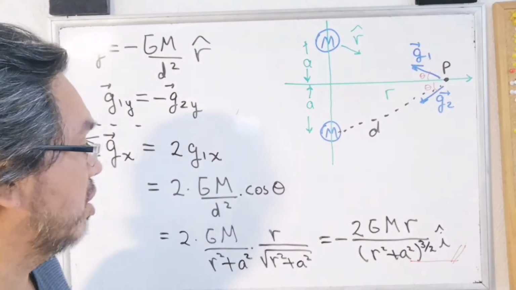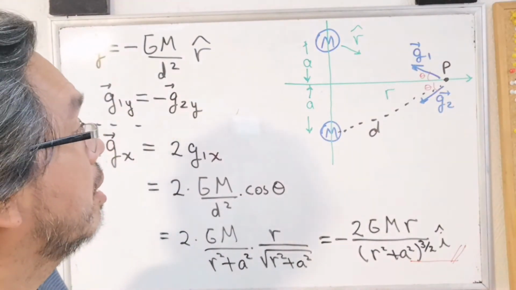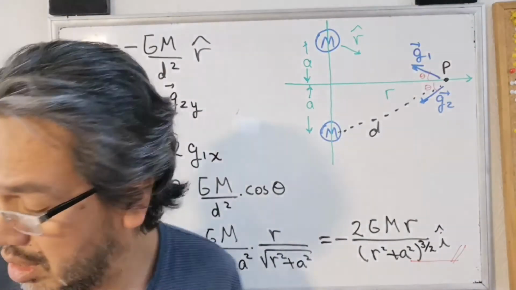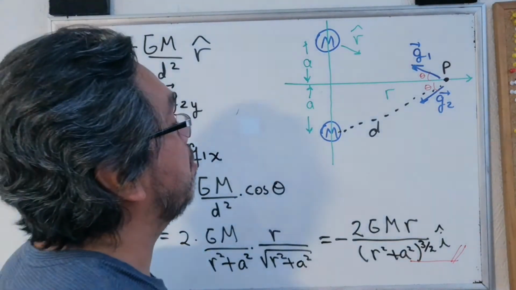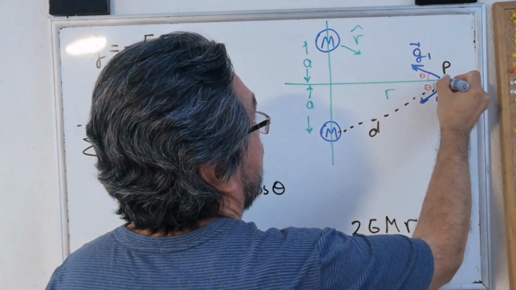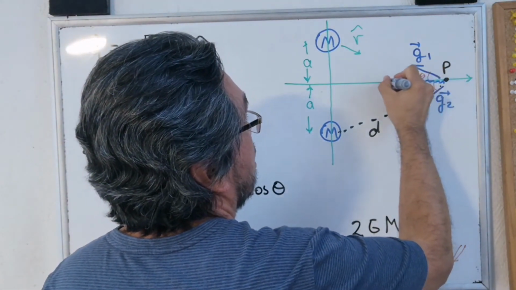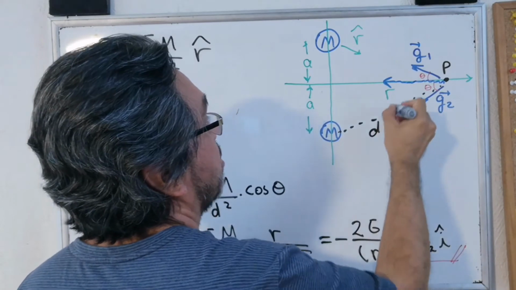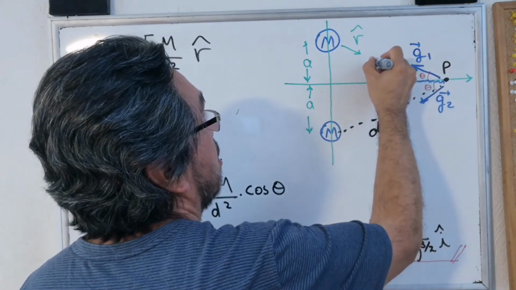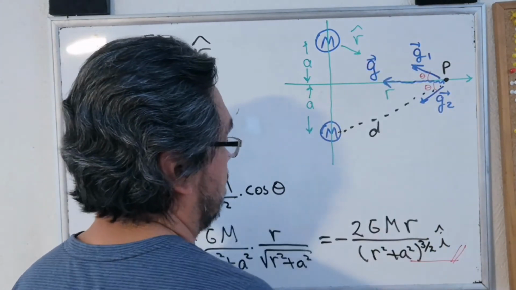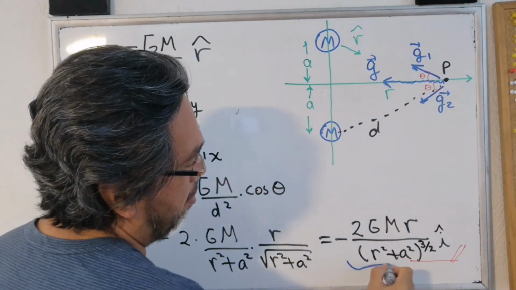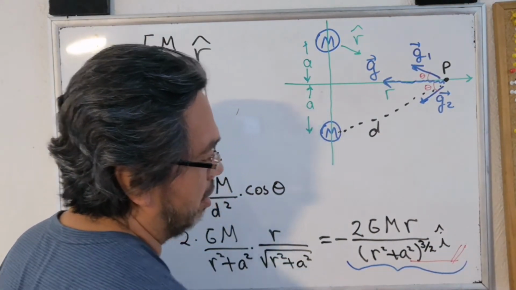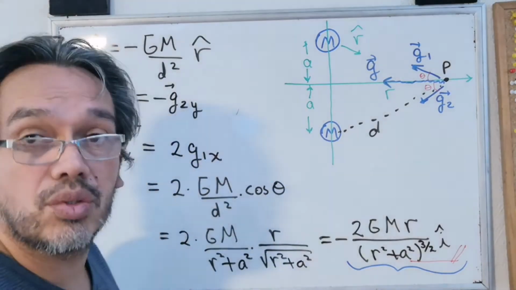So the other day we were discussing that the field caused by the presence of these two masses on point P ends up being a vector going directly along the x-axis like this, and this field has a magnitude of 2GMR divided by (R squared plus A squared) to the 3/2.